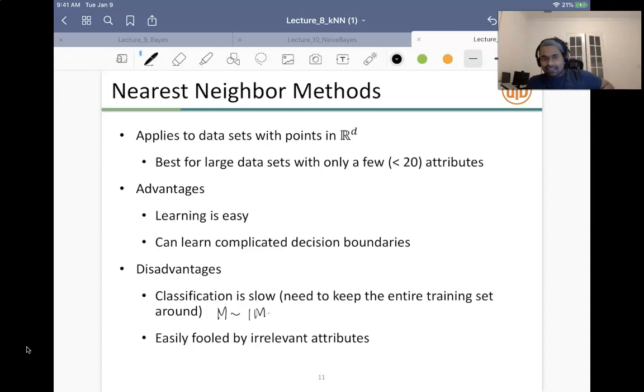The other challenge is that it is easily fooled by irrelevant attributes. The best application for nearest neighbors is datasets with a smaller number of features, or attributes. With a larger number of attributes, distances get really tricky, and you have the curse of dimensionality, which hits nearest neighbor techniques really hard.